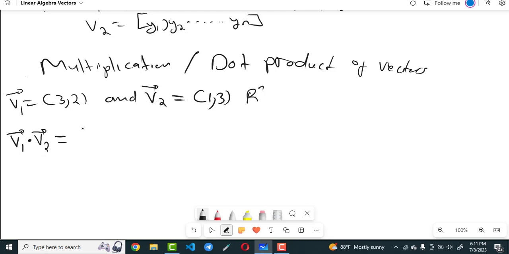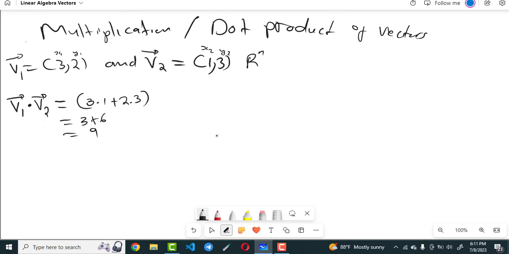So we are multiplying x1, y1, x2, y2. So here we are multiplying 3 dot 1, multiplying x1 dot x2, plus 2 dot 3. Now we finalize our answer: 3 plus 6, which gives us a total of 9.